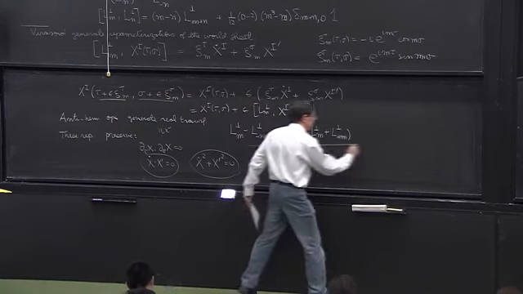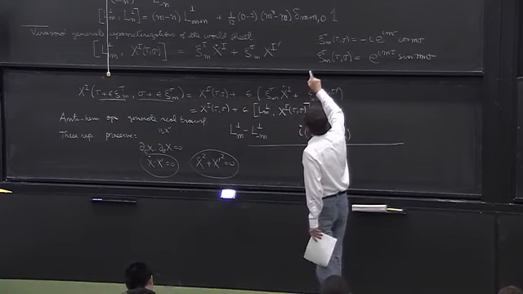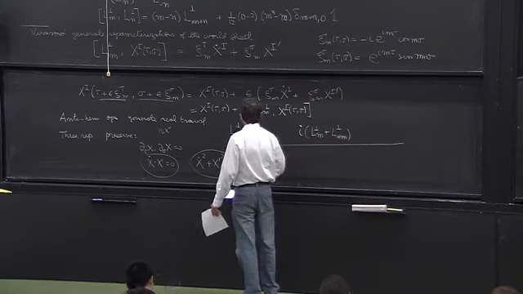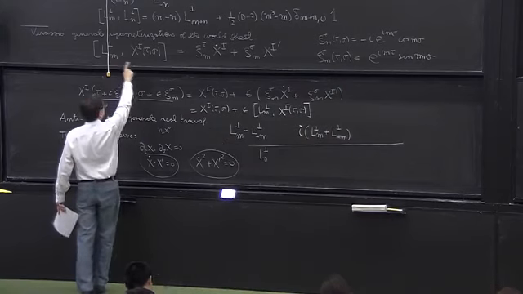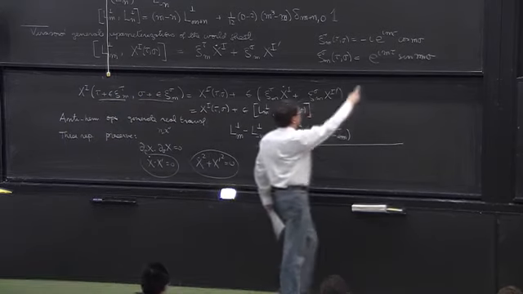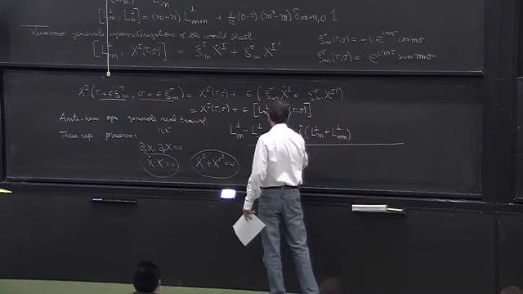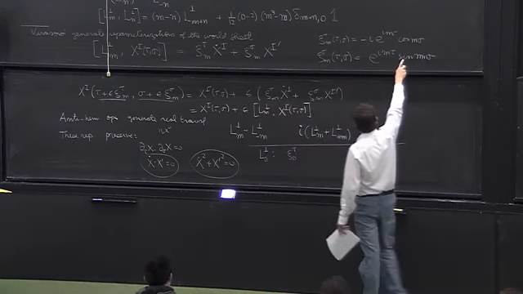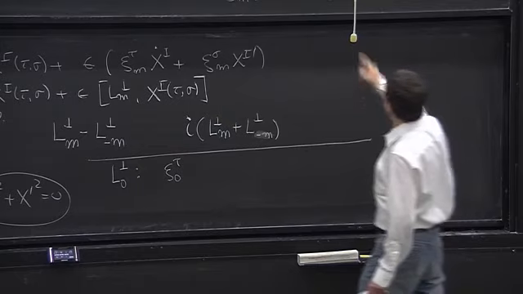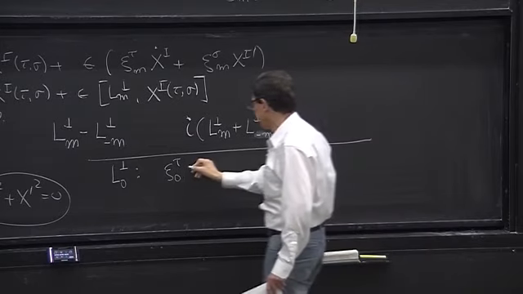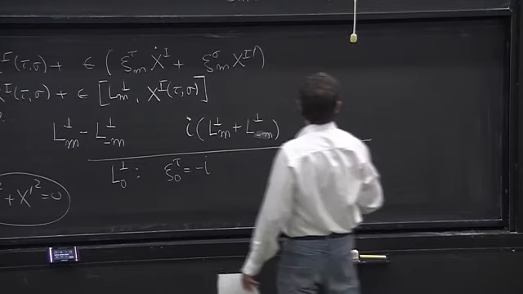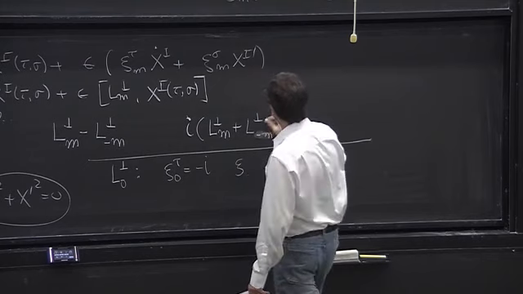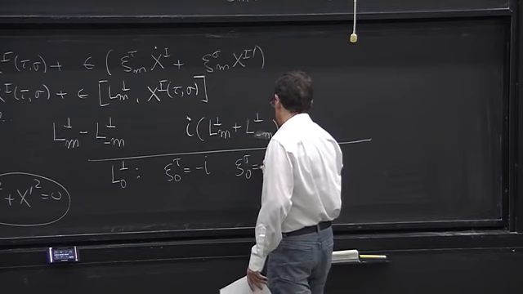If we take the operator L_0 perp, we generate a transformation for m equals 0, where psi^tau_0 is minus i, this is 1, this is 1, and psi^sigma_0 is 0.